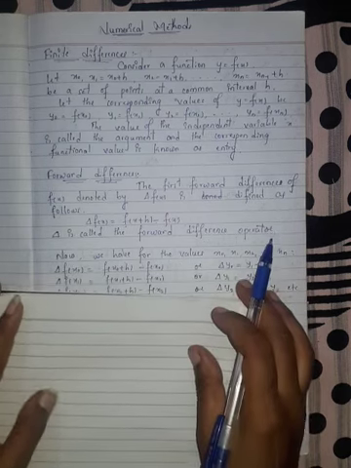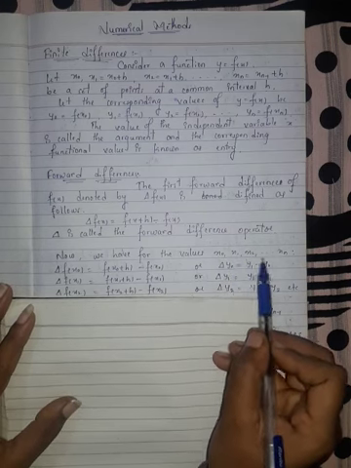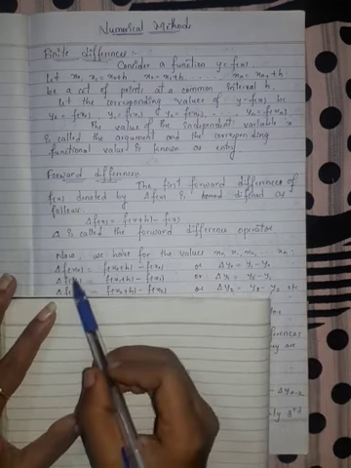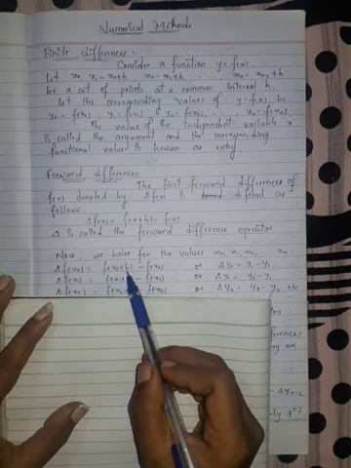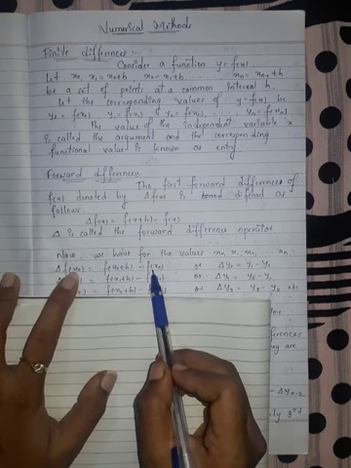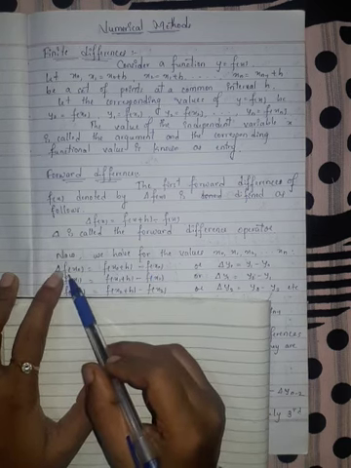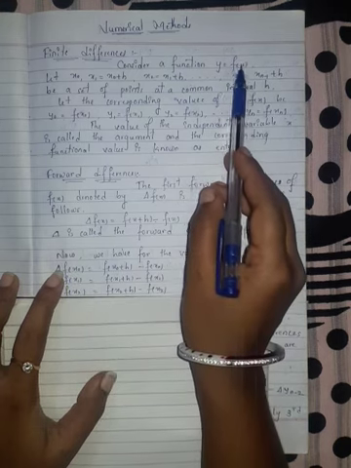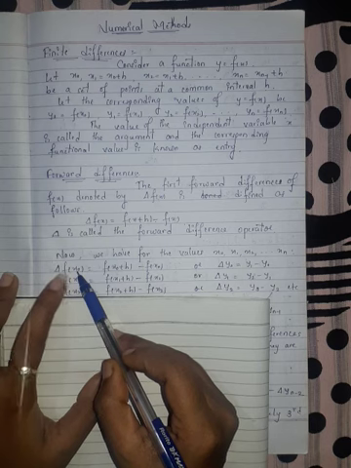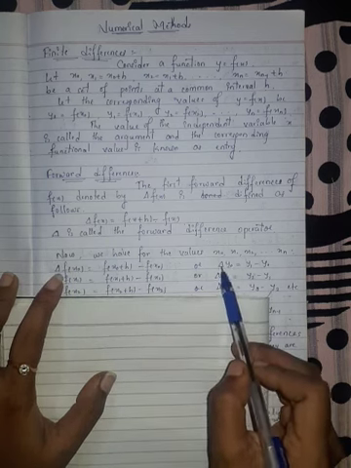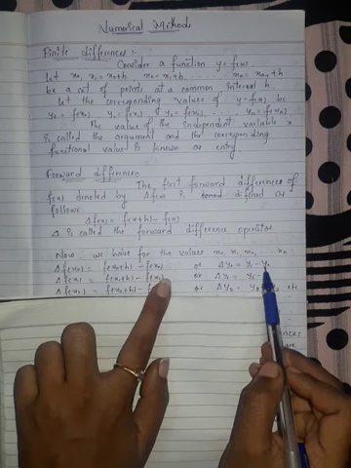Now we have the values for x0, x1, x2 and so on up to xn. For that, delta f of x0 is equal to f of x0 plus h minus f of x0, and as we know that y is nothing but a function of x, in place of f of x0 we write y0. So this can be written as delta y0 is equal to y1 minus y0.